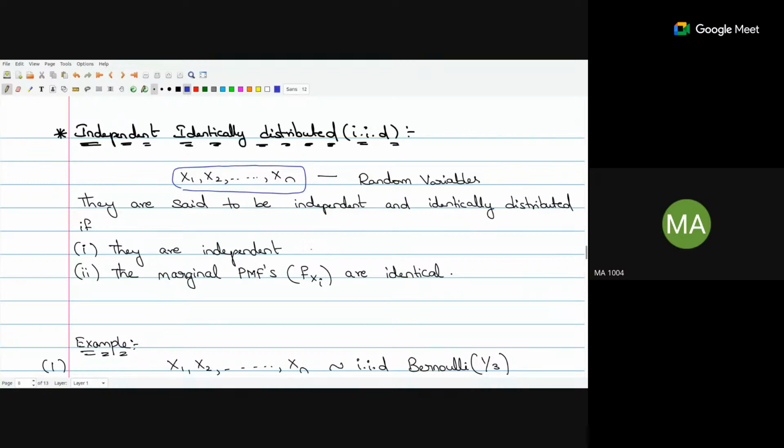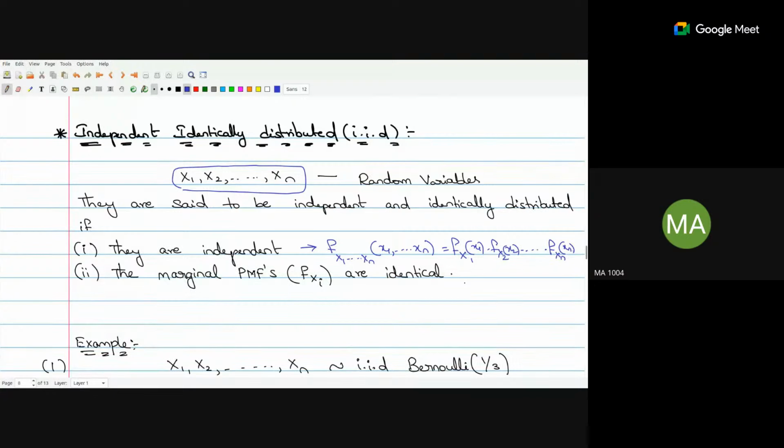When I say independent, what does that mean? I can write the joint as product of marginals. Always remember this. Not remember this, understand this. Whenever they are independent, you can write the joint as product of marginals.